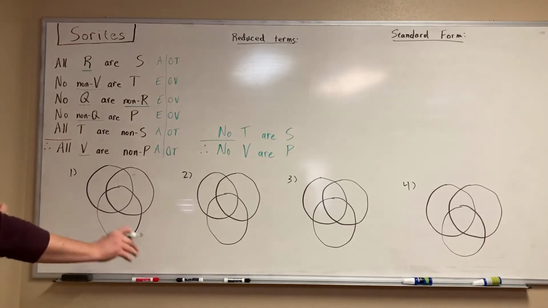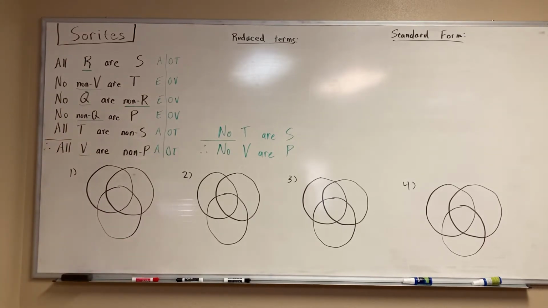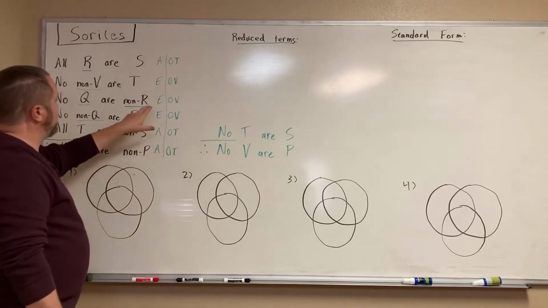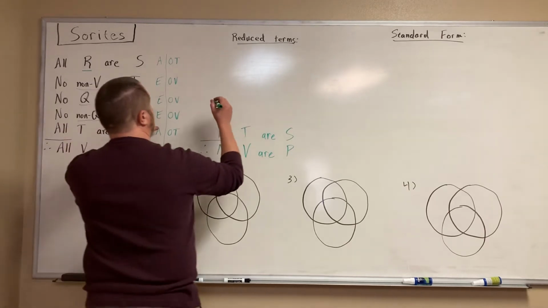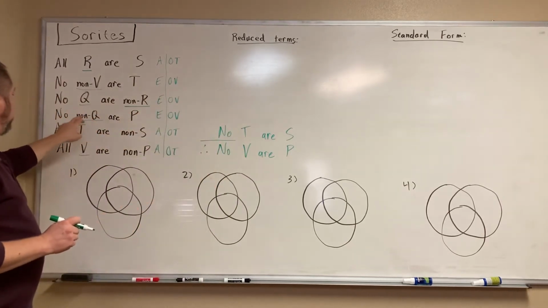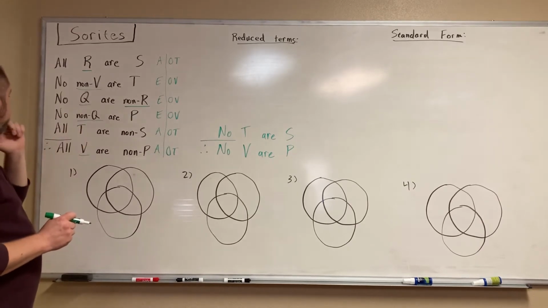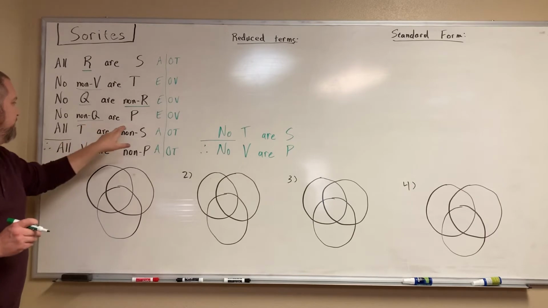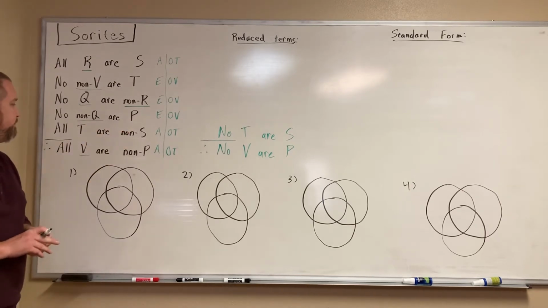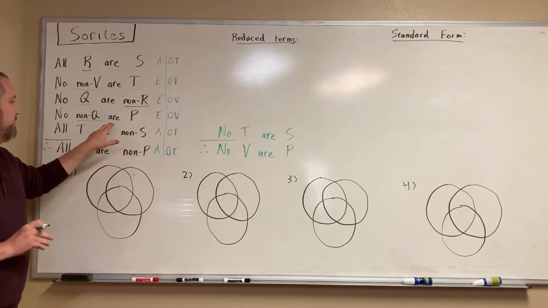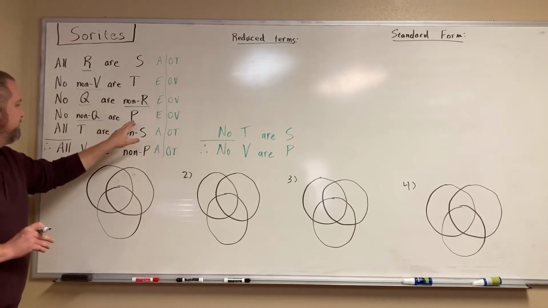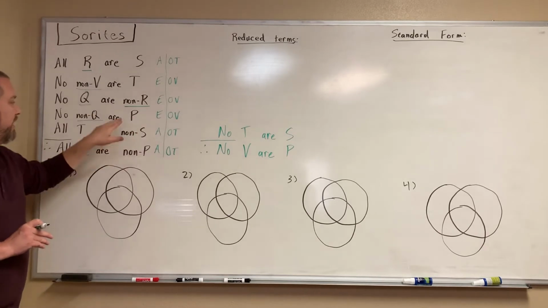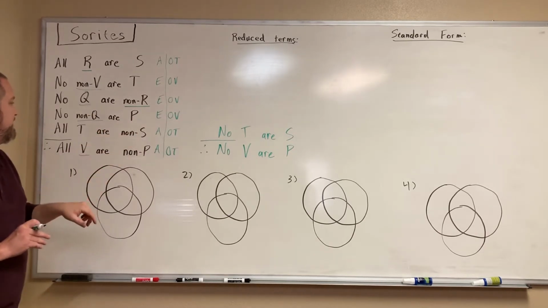Okay, so we've done a couple of steps here. Let's do, we're going to have to change, let's see. So this one, we're going to have to change the non-Q, keep the P the same. So we can do conversion to get the non-Q over to the predicate side, and then do obversion with that, and that would keep this P the same.